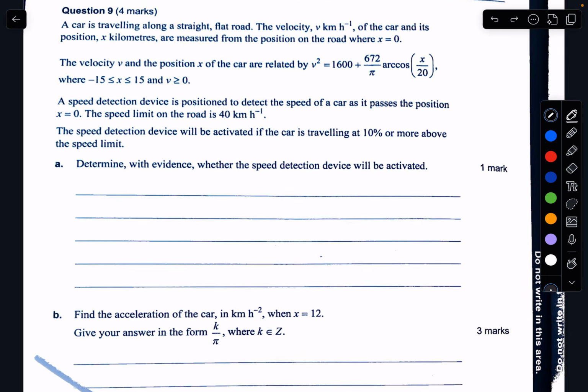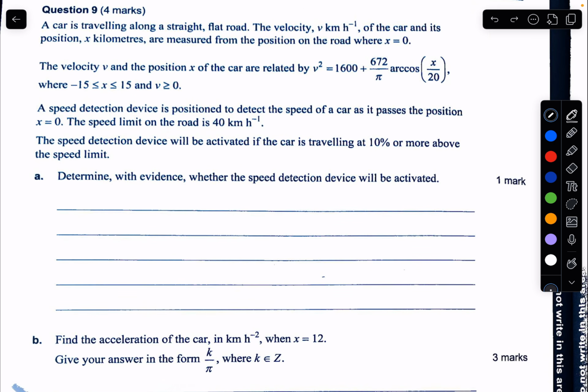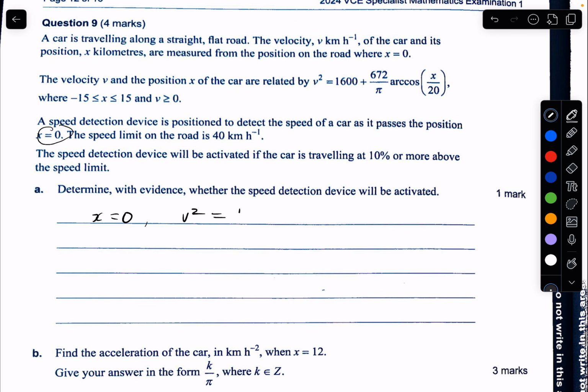So, it will be activated if the car is travelling at 10% or more above the speed limit. Now the speed as it passes the position x is equal to 0. And now what's the speed when x is equal to 0? 1/600 plus 672 on pi r cos 0.